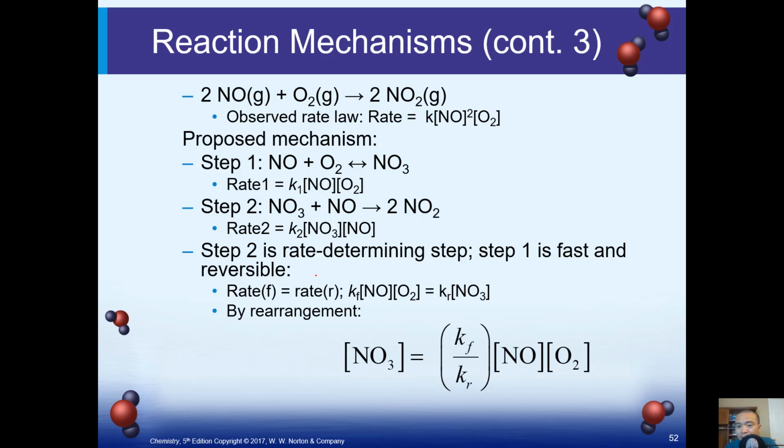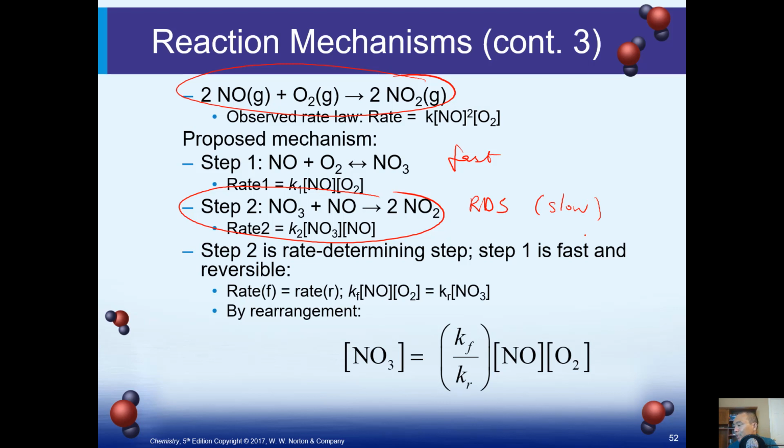Remember, in the previously studied reverse reaction, step 1 is the rate determining step. So step 2 over here will actually be the rate determining step, because when you look at the reverse direction, this reaction is the slowest step. So the first step is a fast step. The second step is the slow step over here.